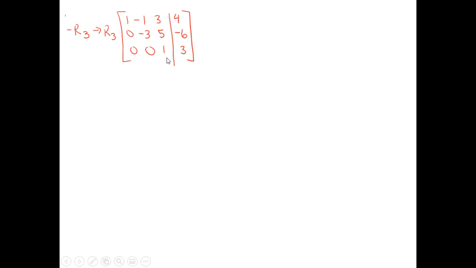This is where we ended up last. So I wanted to get rid of now this -3, not get rid of, but turn it into a 1. So I simply multiplied it by -1/3, which is equivalent to dividing by -3. So -1/3 times row 2, and I put it back in row 2.